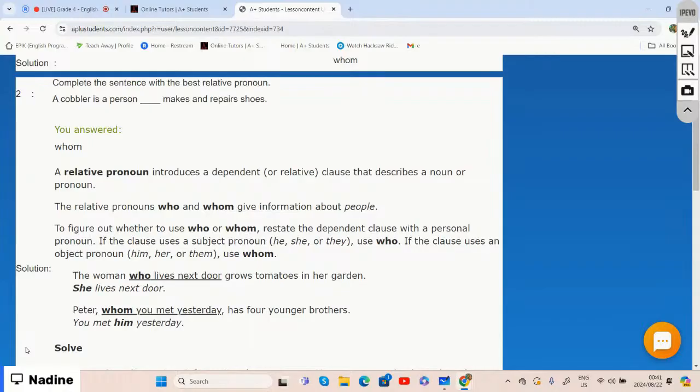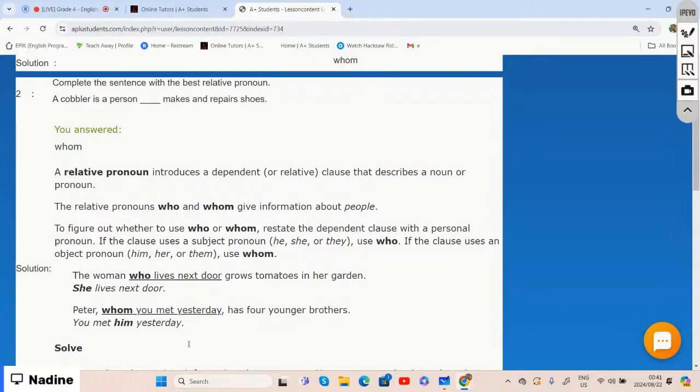We have an example that says, the woman who lives next door. Just think, our subject needs to be at the beginning of the clause in order for us to use the word who. Then we have another one that says, Peter, whom you met yesterday, has four younger brothers. And we can say, you met him yesterday.